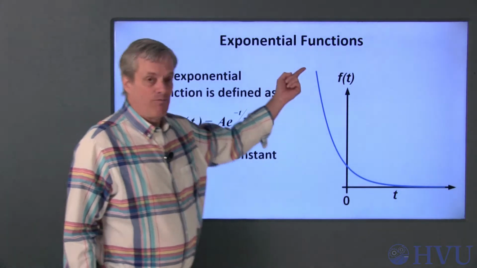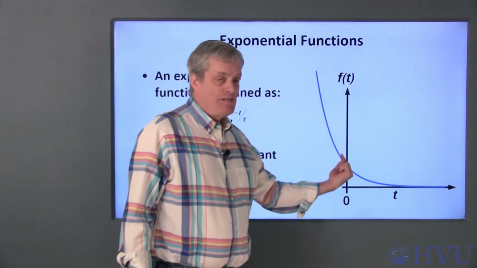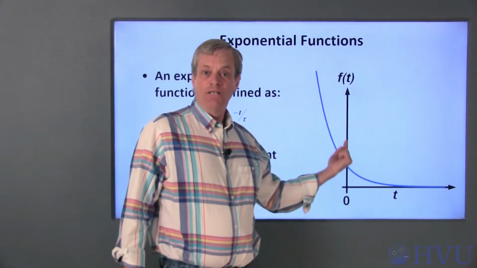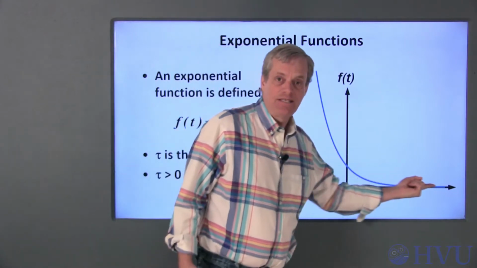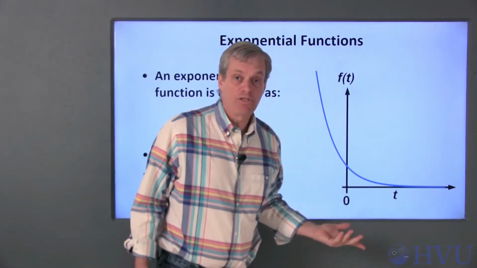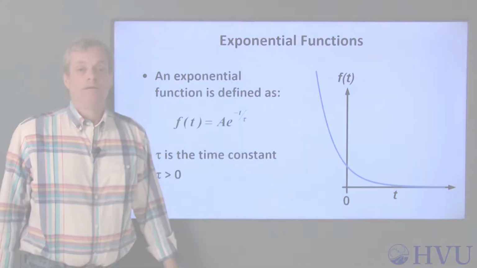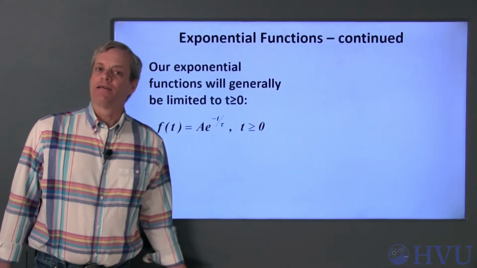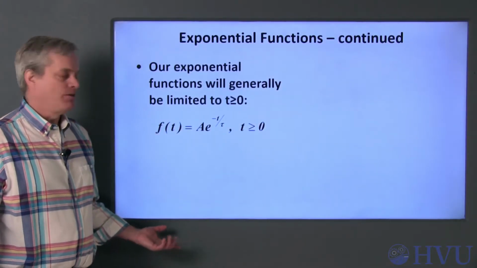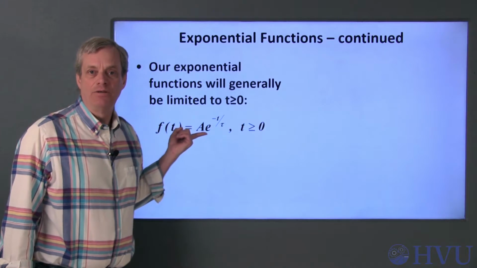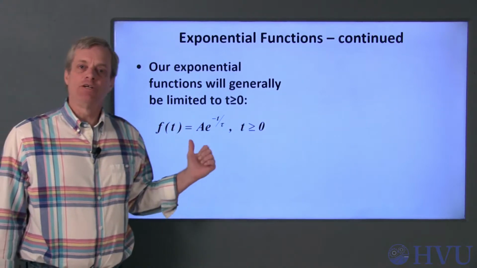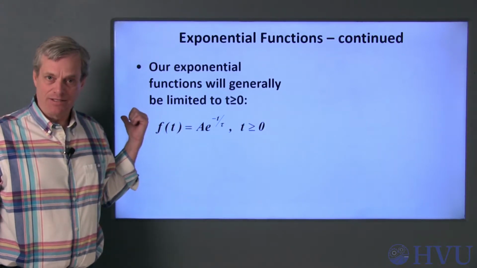Graphically, the exponential function looks like this. It increases exponentially as time goes to negative infinity and decreases exponentially to 0 as time goes to positive infinity. In this class, I'll usually define exponential functions for time greater than or equal to 0 and set the value of the function to 0 for times less than 0.